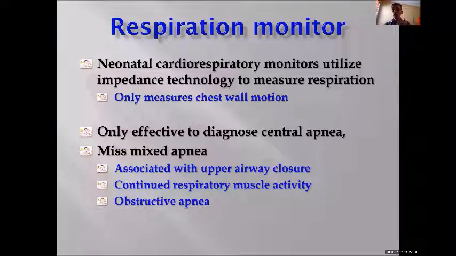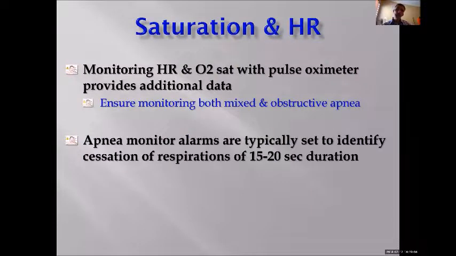So it is only effective in diagnosis when there is no movement of the chest, when there is no inspiratory effort, when it's central, and sometimes when it's mixed. Because in obstructive apnea, you have continuous inspiratory effort but no airflow. And therefore, we use other tools, which is monitoring of saturation using a pulse oximeter.